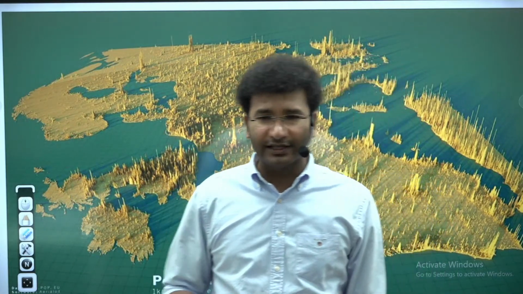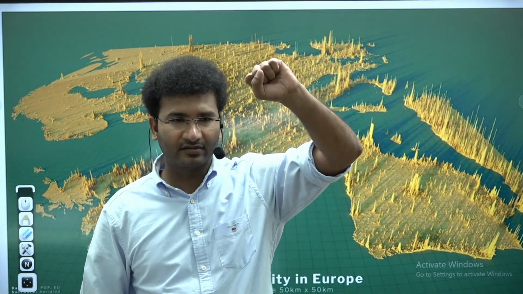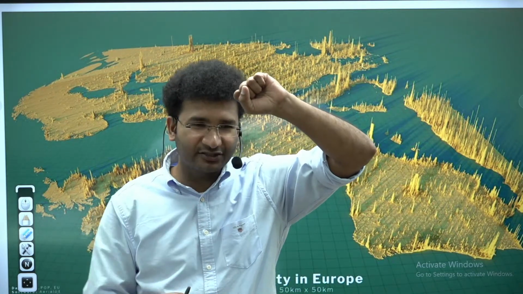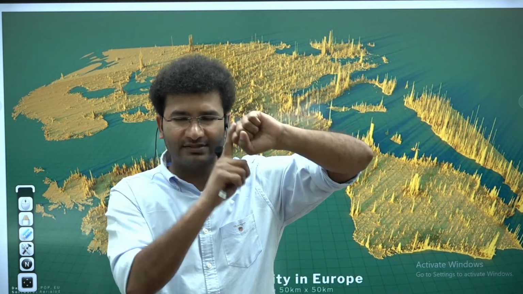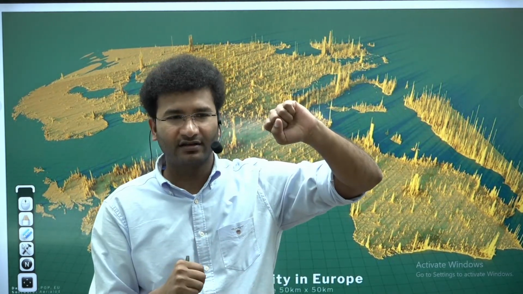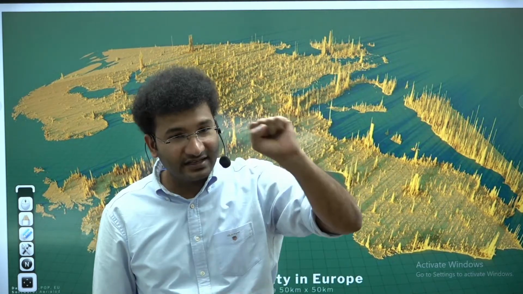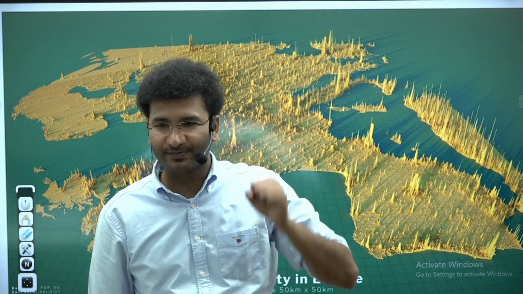In the England area, it is Liverpool. If the next leading city does not have at least half, 50%, of this particular city's population, or in terms of GDP, then this city is called a primate city. This is called a primate city.